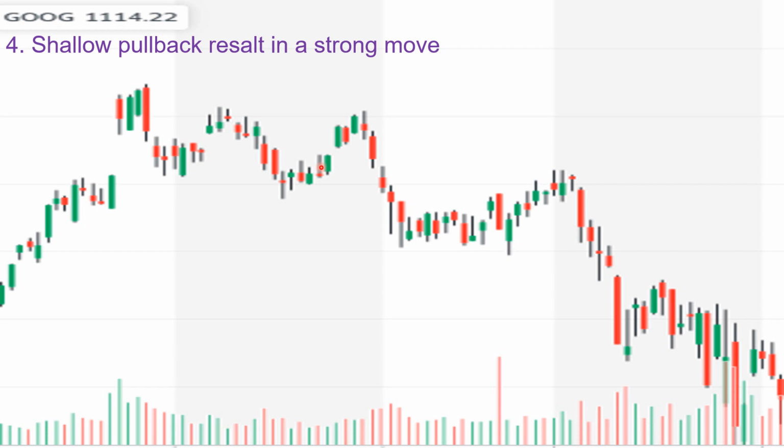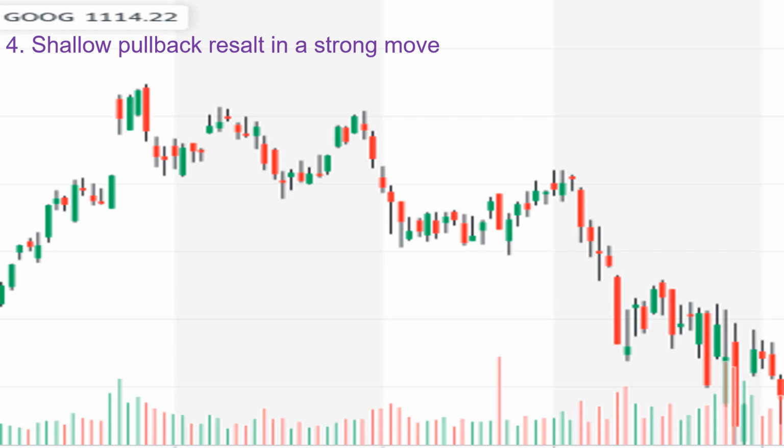The first one is 0.382, the second one is 0.5, and the last one is 0.618. By placing the Fibonacci tool using the high here and the low of this move, if the retracement doesn't go beyond the 0.382, it's considered a shallow pullback, and we expect a strong downtrend move.